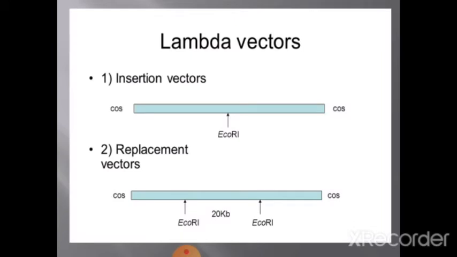Now you can see in the diagram, the first one is the insertion vector. You can see the linear molecule of lambda phage. On either side, it is flanked by cos sites or cohesive termini, what we call. And in the insertion vector diagram, there is one place for EcoR1, that is the place where there is the target sequence for EcoR1.